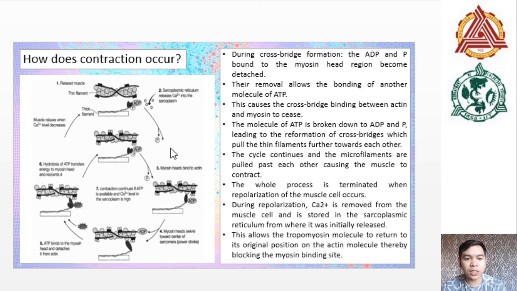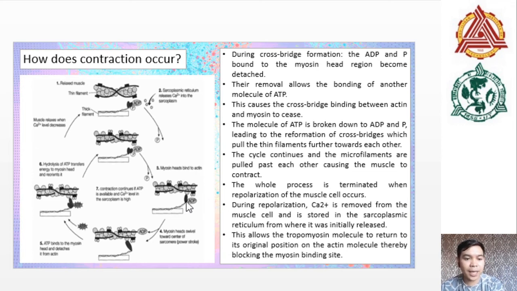This will cause a change in the orientation of the tropomyosin molecule, exposing a binding site for myosin on the actin filament. The exposure of the myosin binding site allows the two myofilaments to bind to each other, forming the cross bridge. Remember that cross bridge formation is the initial stage of contraction.